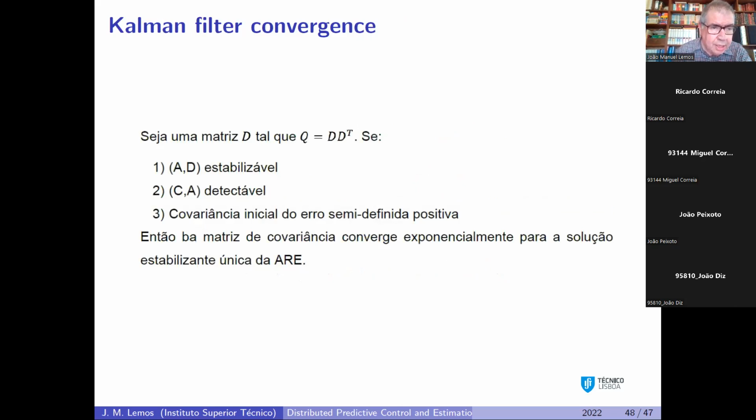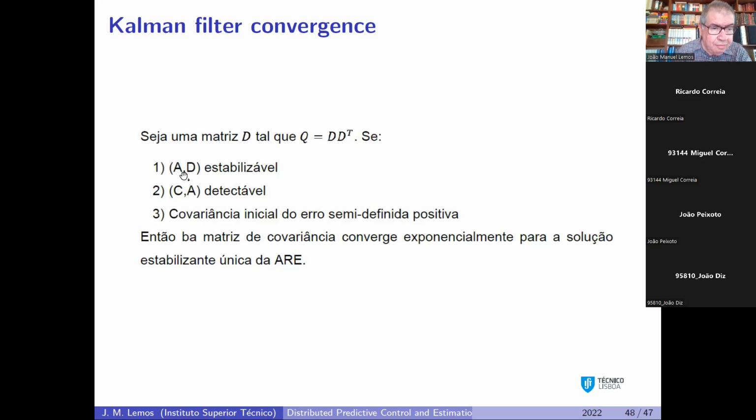One important thing is, when does this work? Suppose that the covariance matrix of the process noise Q can be written as D D transposed, where D is a matrix.